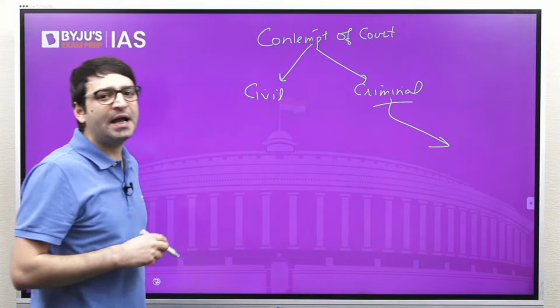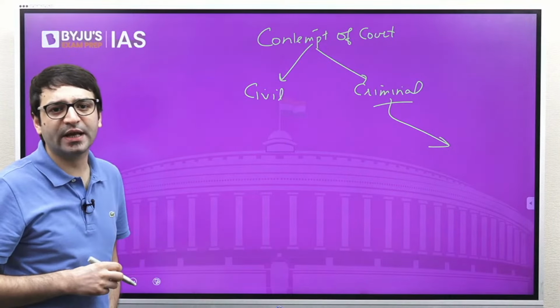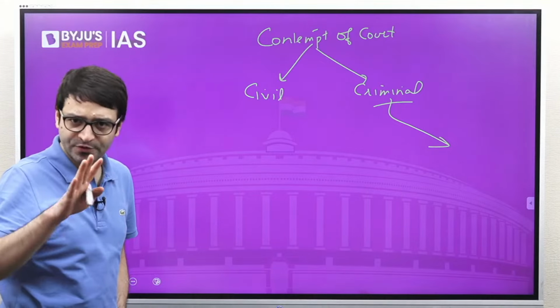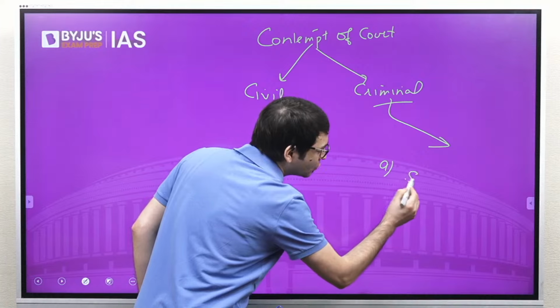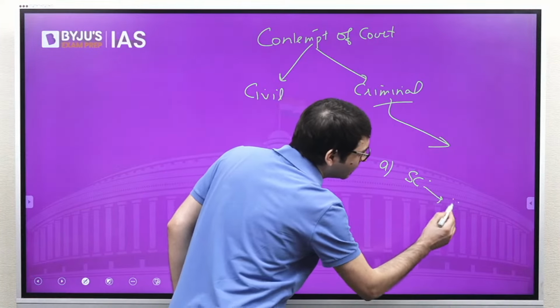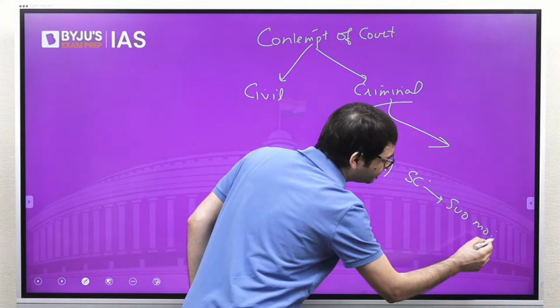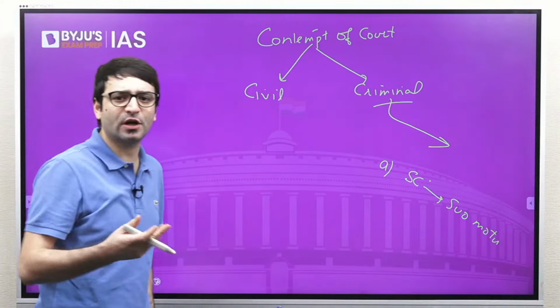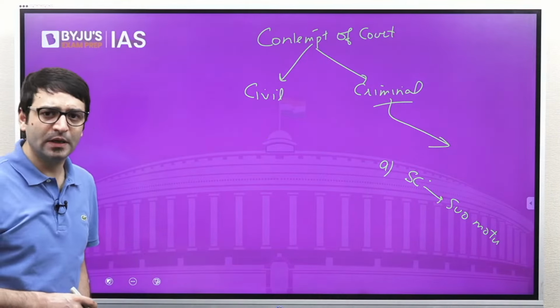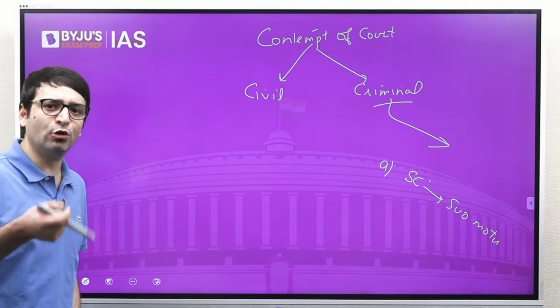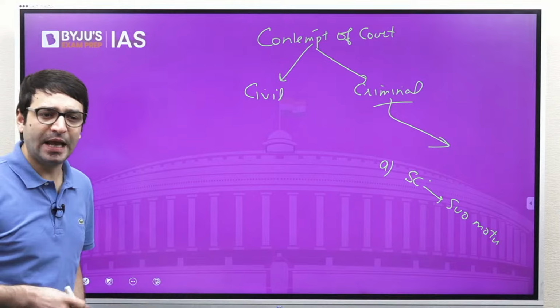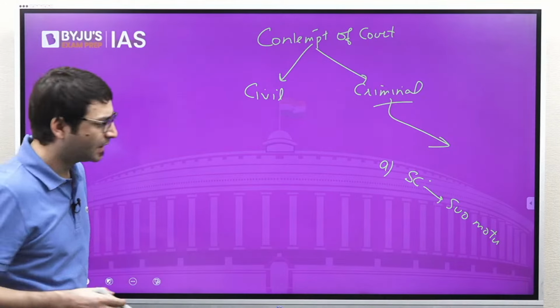How can one file a criminal contempt of court case in the court? 3 ways. A, Supreme Court suo motu. Let's say you are committing contempt of a Supreme Court. Supreme Court on its own, suo motu, will take a look at your statements and will punish you for contempt.